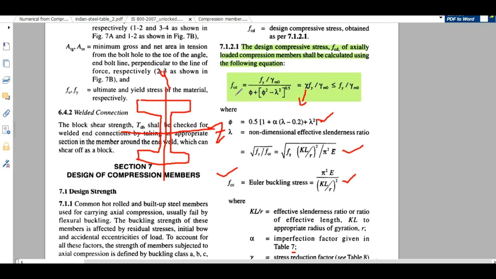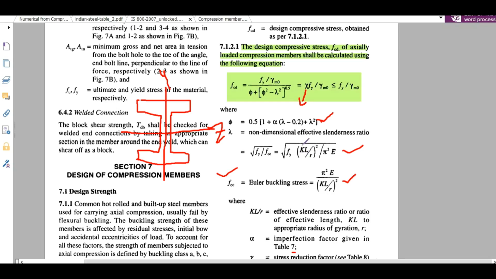When you find FCD for the Y axis, you should denote it with a suffix y: phi y, lambda y, like this. So it will be phi y, with alpha and lambda y. This lambda y is given from this equation, dependent on KL by R and Fy. Here you have to find K from this equation.